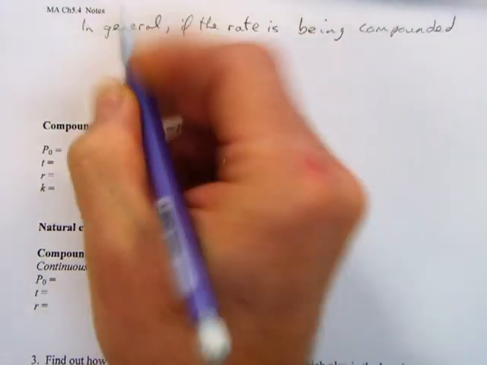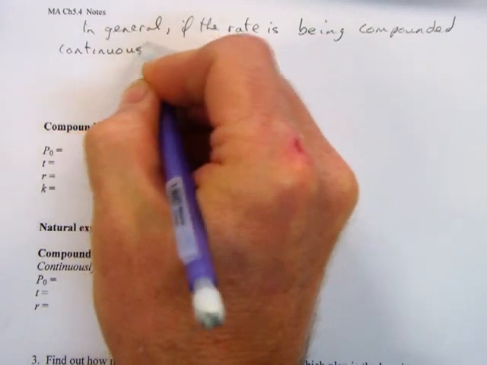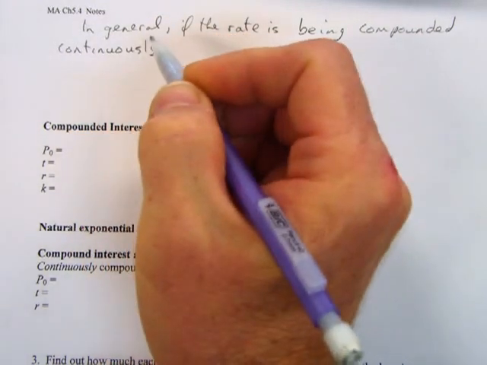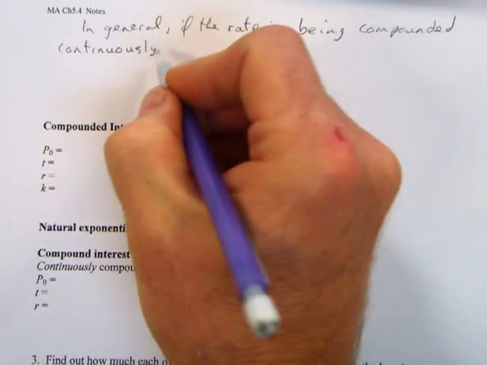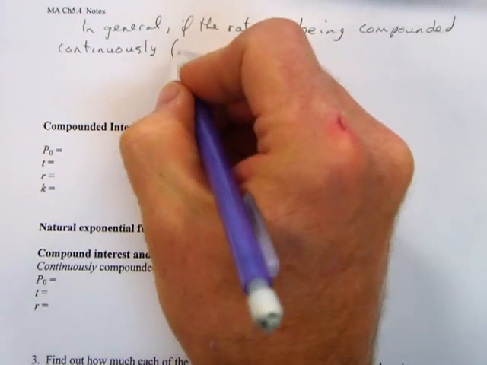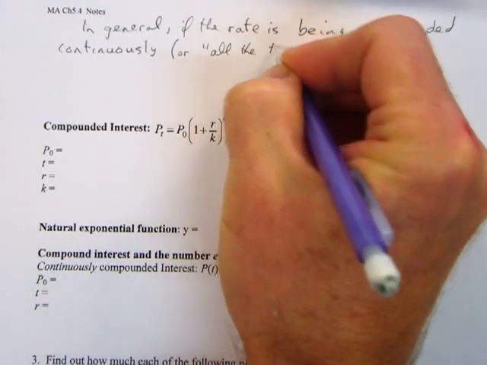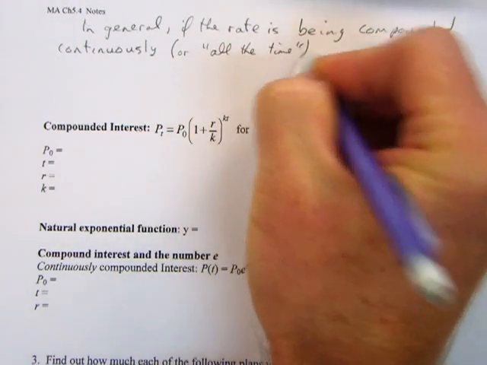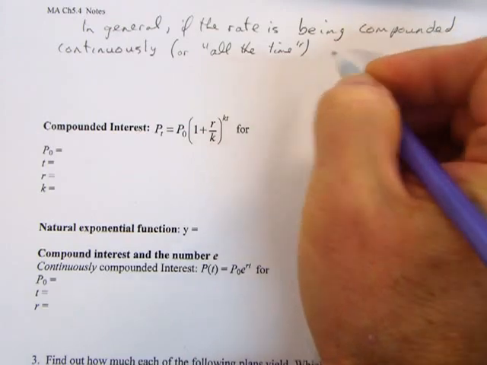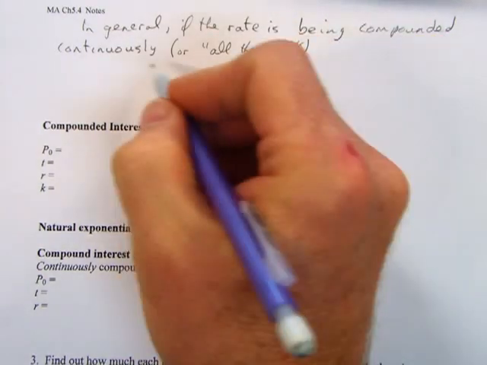Now, some of the words that you'll see for that, and we'll write this down in just a second, are continuously or all the time. And sometimes we're going to have to determine whether or not it is that. So if it's continuously or all the time, what we're going to do is have this situation right here.